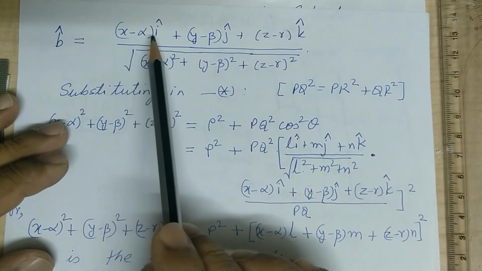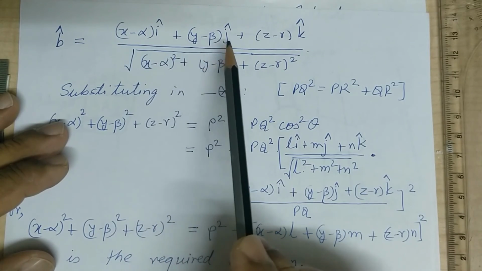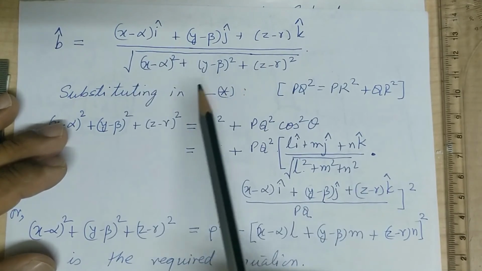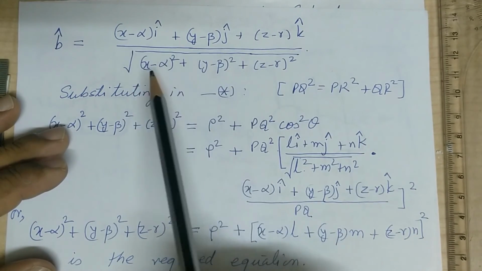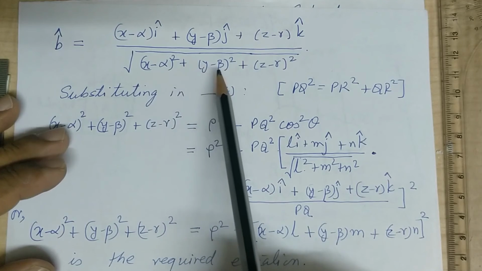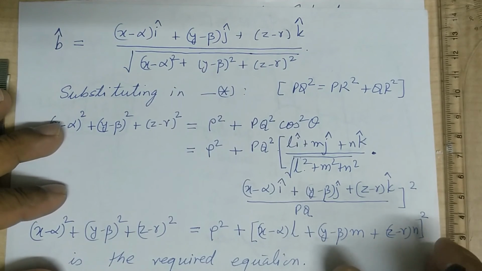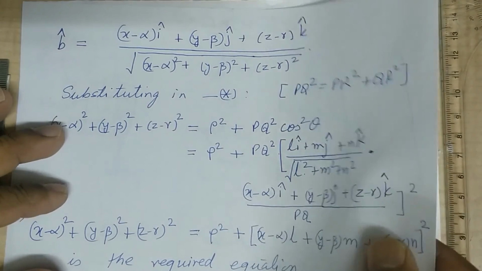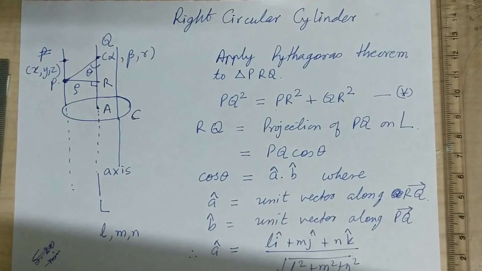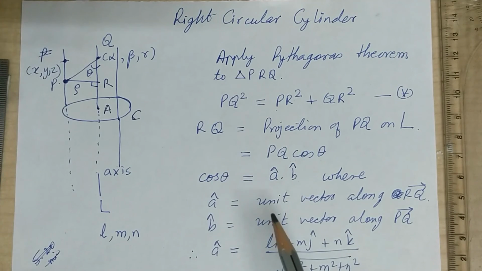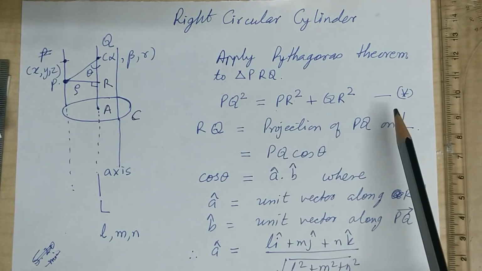So I have x minus alpha i plus y minus beta j plus z minus gamma k divided by the magnitude of this vector, which is the square root of x minus alpha square plus y minus beta square plus z minus gamma square. Now I substitute all of these things into this equation.